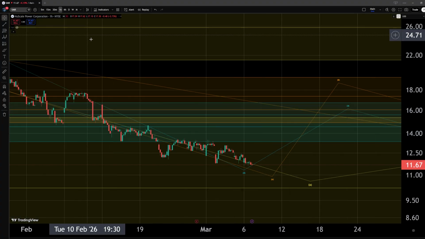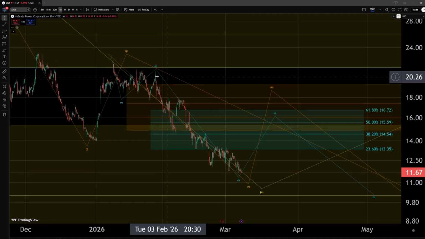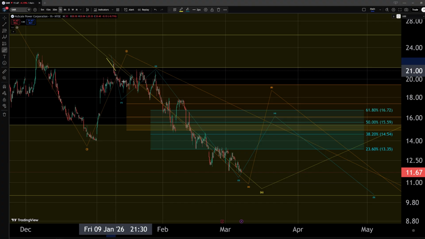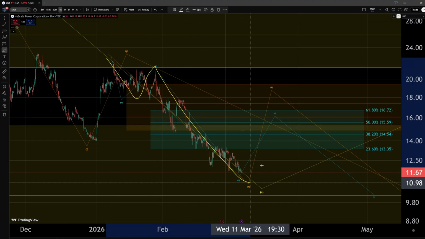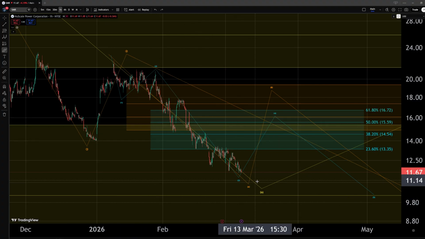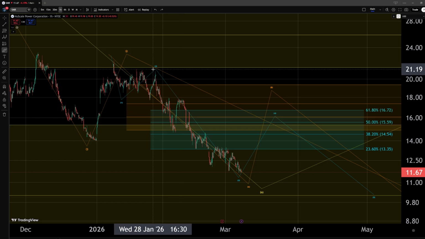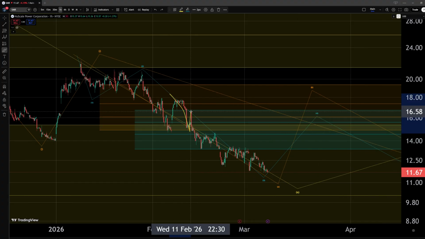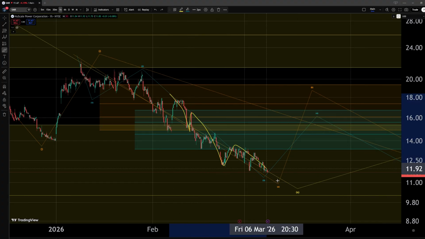So I would even go as far as to say that I prefer the blue interpretation, where we are tracking a diagonal pattern in something like a 1, 2, 3, 4, and a 5. And within this wave 3, I'm looking for something like an A, B, C pattern, and within this wave C, I'm looking for something like a 1, 2, 3, 4, and a 5.